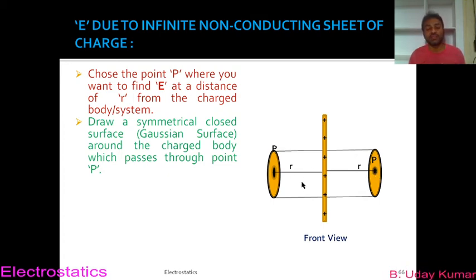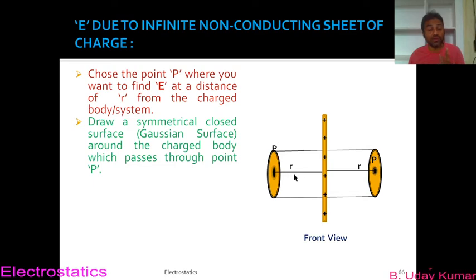To make it symmetrical, the height of the cylinder is chosen in such a way that its total height is 2r. Remember, because point P was present at a distance of r, the other half of the cylinder also should be at a distance of r.